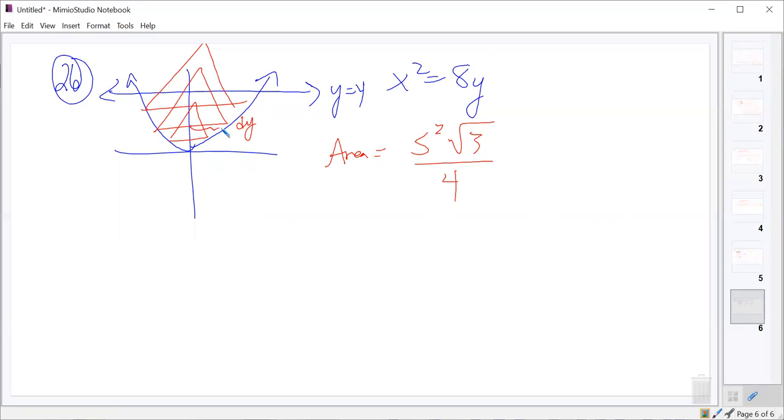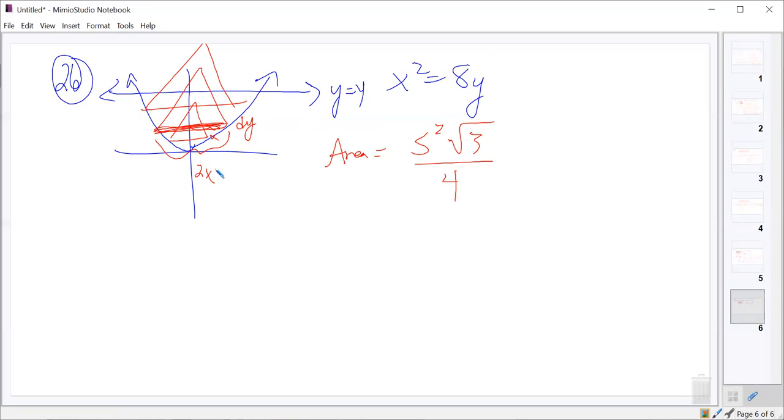What is this distance here in terms of x? Well, this little distance here is just x, right? That's how far I've gone from the y-axis over to the point. That's x. And since this thing is symmetric across the y-axis, that whole distance is 2x.